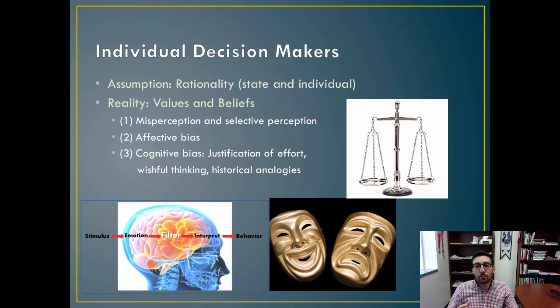So it's not always proper to use historical analogies, especially because in many cases we're talking about a one-off event, and we want to use that event to inform our decision-making in the future, but those two historical events may be very different in important ways.